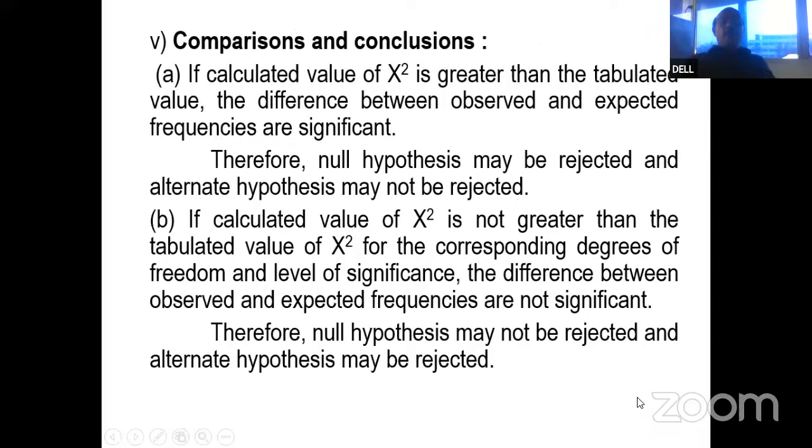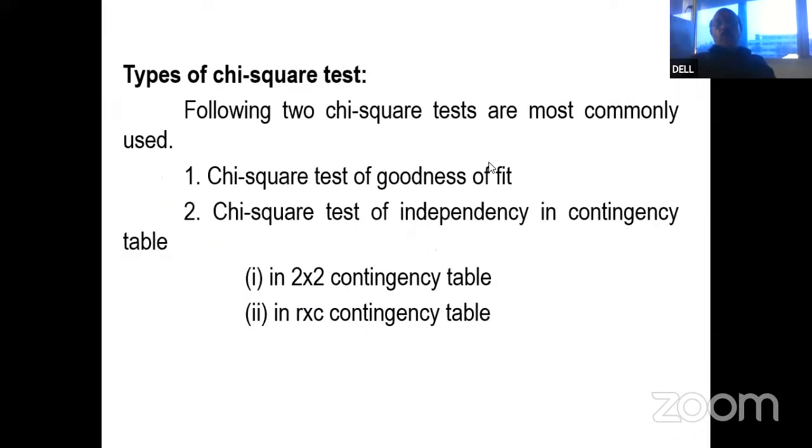Based on that comparison, we accept the H0; otherwise, we reject the H0. So in the chi-square test, we follow the procedure for goodness of fit, 2 by 2, or R by C contingency tables larger than 2 by 2.